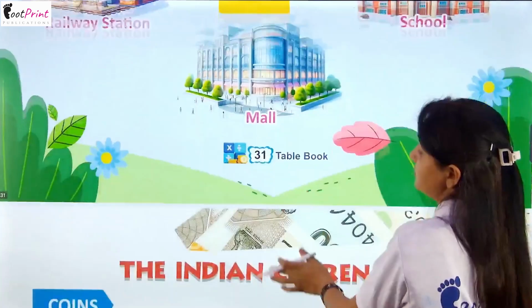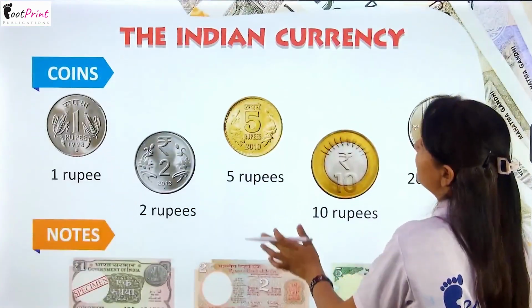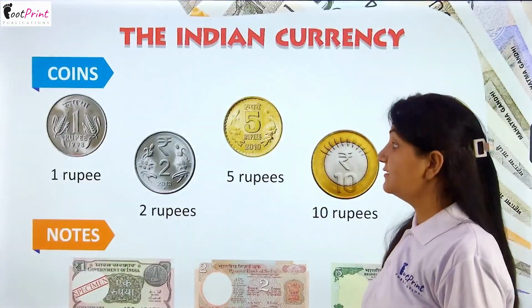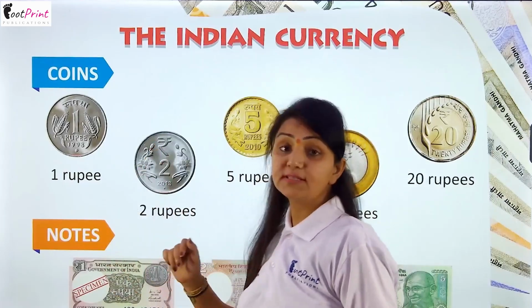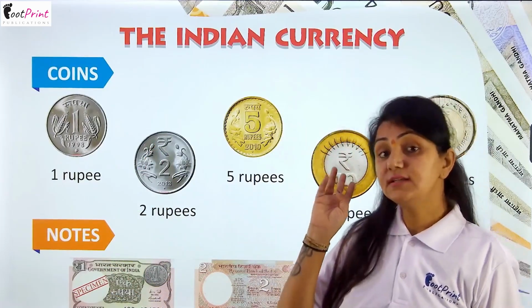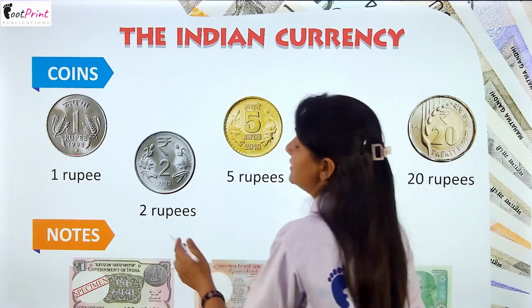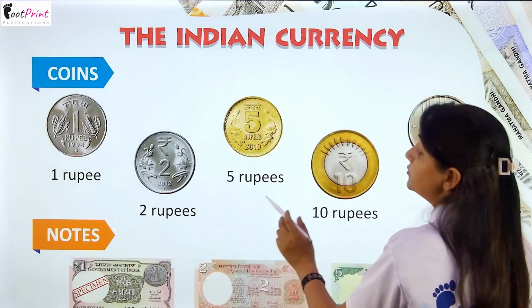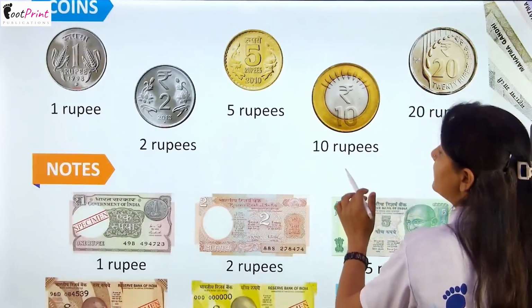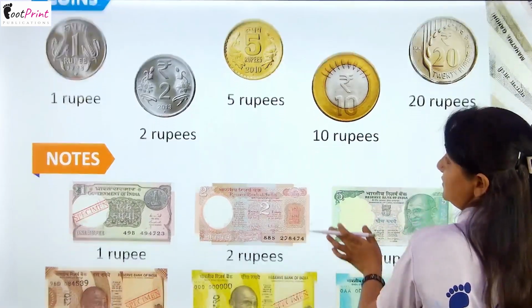Okay. Next we have Indian currency. Indian currency means coins and notes. We find Indian currency in two forms, that is coins and notes. As you can see here, there is a 1 rupee coin, 2 rupee coin, 5 rupee coin, 10 rupee coin and 20 rupee coin.